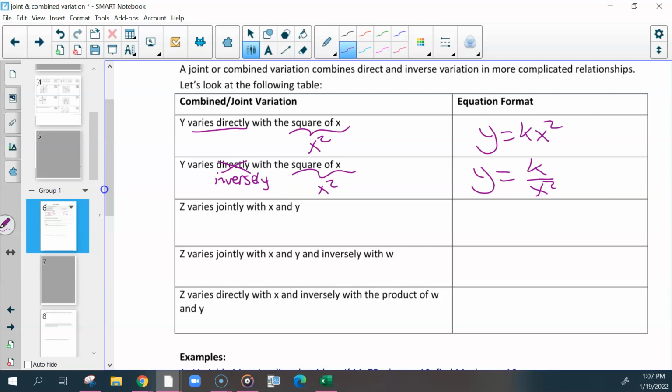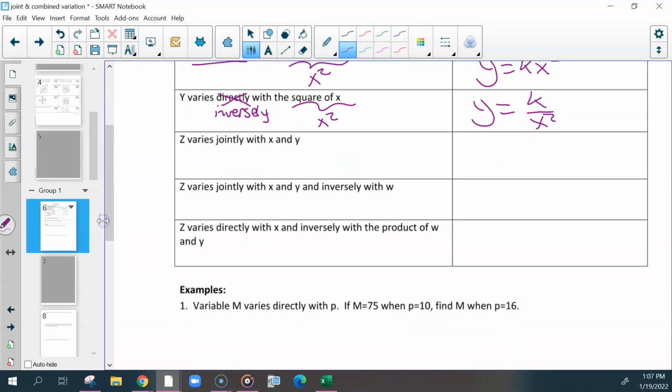Then there are ones like this third one that change the wording and say something like jointly. When you hear the word jointly, you should be thinking the same thing as if it said varies directly. In the case where it varies directly, you're usually multiplying, so you're going to do the same thing with varies jointly. Usually with jointly, though, you have more than just one variable. It'll say jointly with this and this.